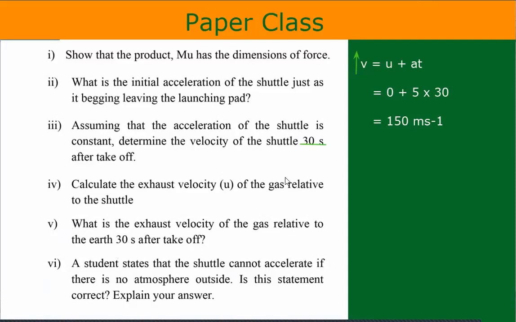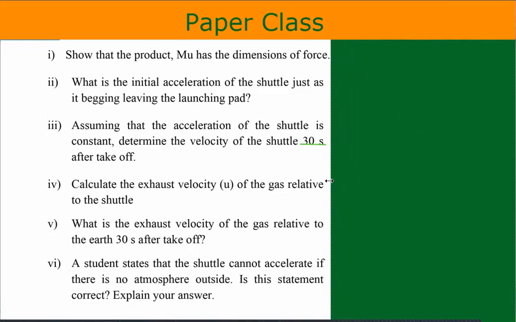What is the force acting on the rocket, dear? Somebody please tell me. Roman number 4 asks, calculate the exhaust velocity of the gas relative to the shuttle. So what is the force acting on the shuttle? Do you remember it?